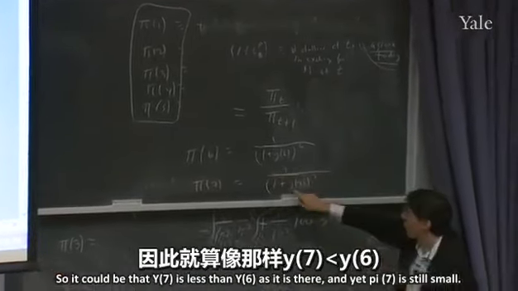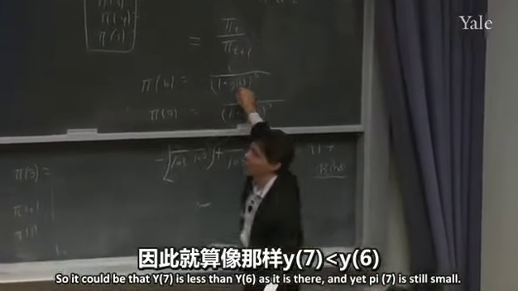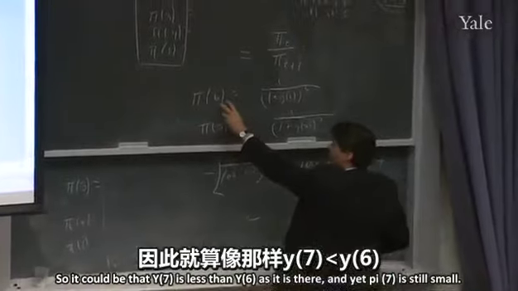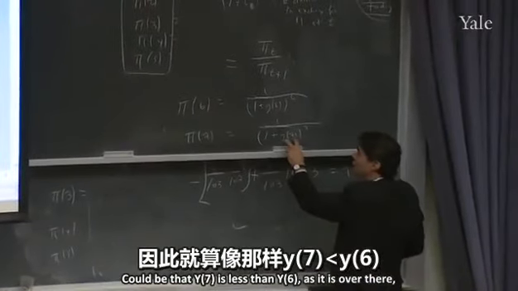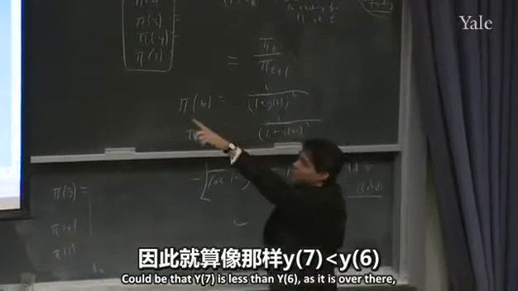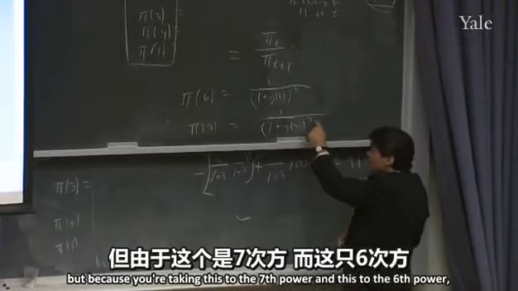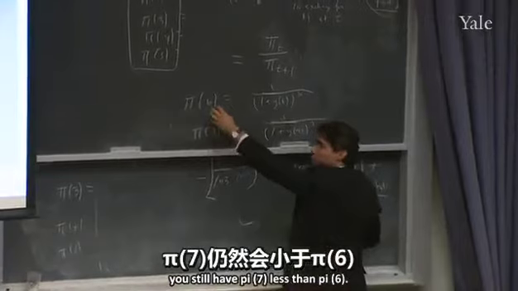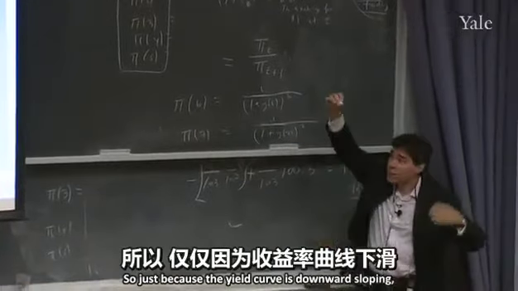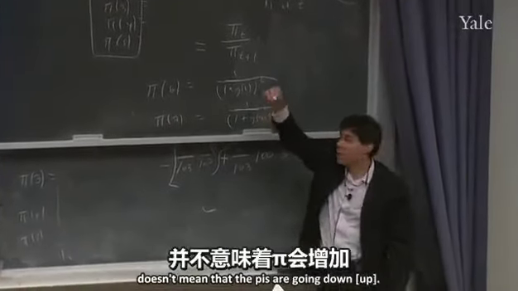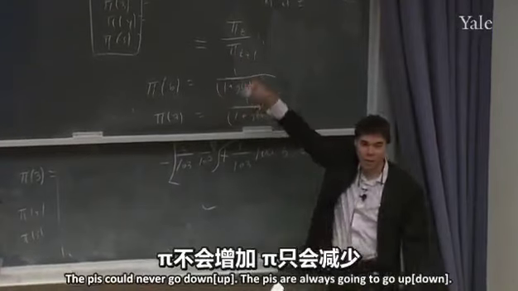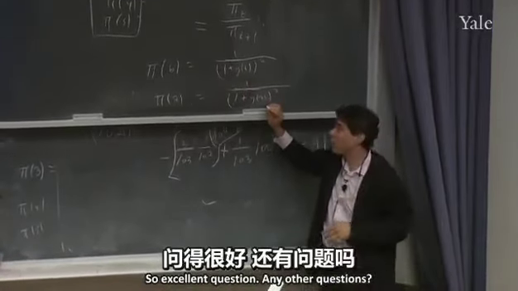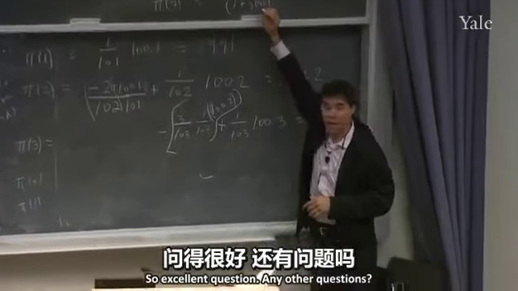So it could be that y7 is less than y6, and yet, because you're taking this to the 7th power and this to the 6th power, pi 7 is still smaller than pi 6. So just because the yield curve is downward sloping doesn't mean that the pi's are going down. The pi's are always going to go up in that sense. Excellent question. Any other questions?